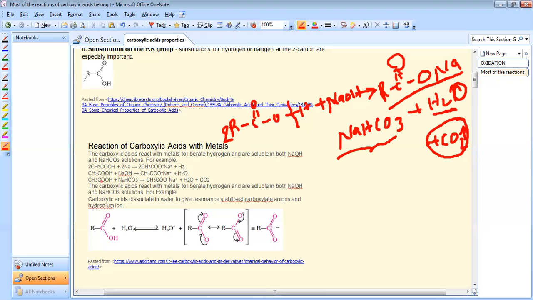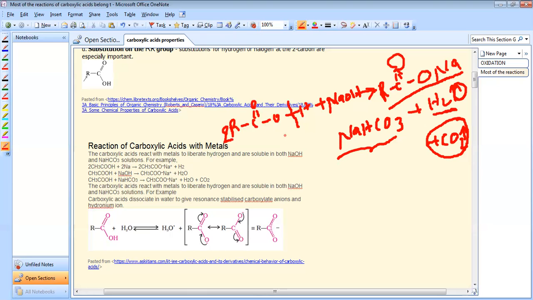The carboxylic acid, when treated with sodium bicarbonate, gives the sodium salt of carboxylic acid along with water and liberates carbon dioxide. Carbon dioxide is a colorless gas and we can find effervescence in the solution. By means of that we can identify that the given functional group may be carboxylic acid. So we use this reaction as an identification reaction.